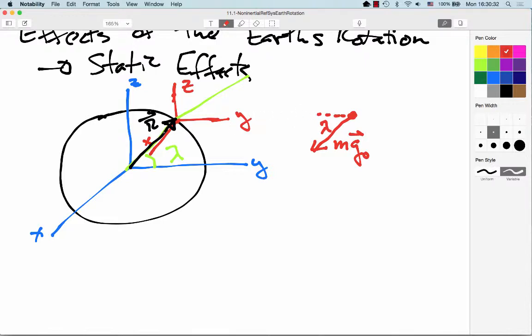But if we think about this here, we're rotating around in a circle like so. So that means that we're going to be feeling a centrifugal force pushing us out. Now this is greatly exaggerated compared to the force of gravity. In fact, let me make the vector shorter, and even so, this is greatly exaggerated. This will be our minus m omega cross omega cross r.